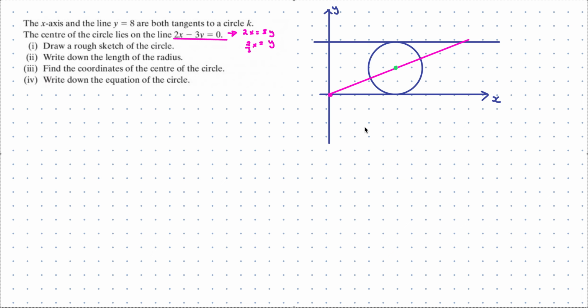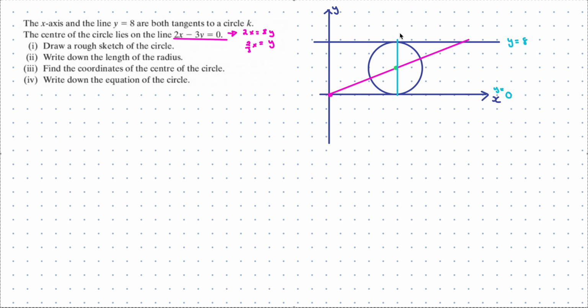Now, the first thing that it asks us to do is to write down the length of the radius. Now, what I can see when I'm looking at this is that this is the line y equals 0, right? 0 on the y-axis. This is the line y is equal to 8. If I wanted to find the radius of that circle, given this information, I would know, for starters, that there is a distance of 8.